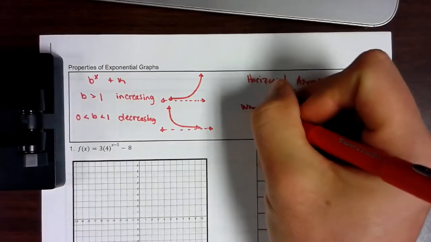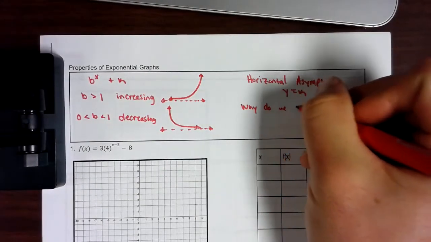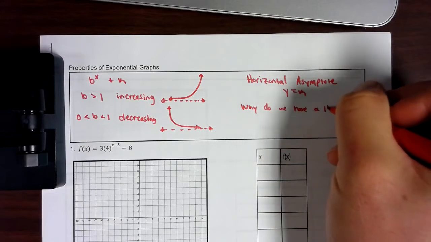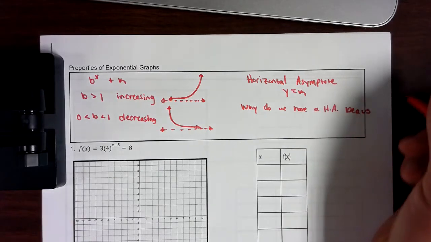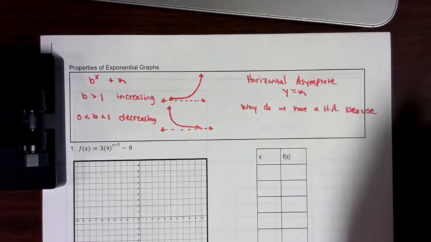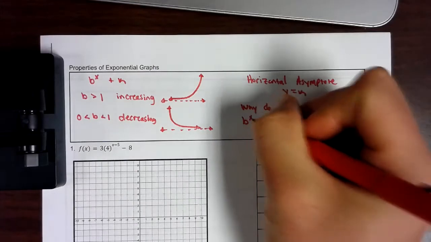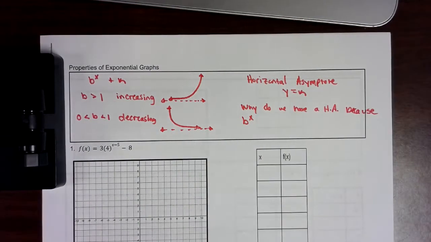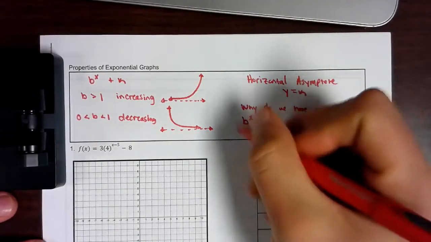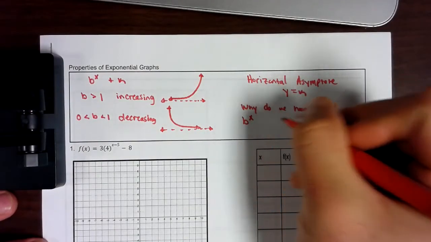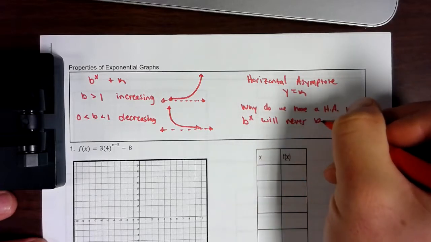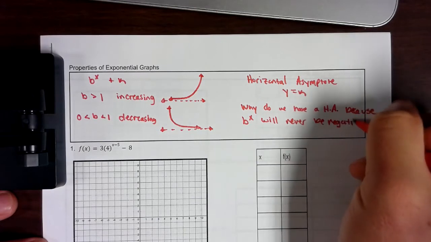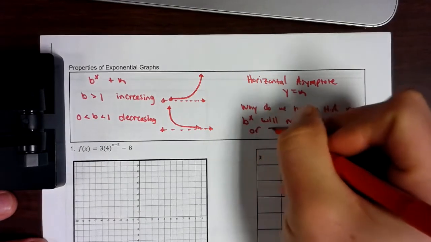Now, why do we have a horizontal asymptote? It's because of b to the power of x. No matter what our base is, when we think about values of x here, we can never get this whole thing to be negative or equal to 0.